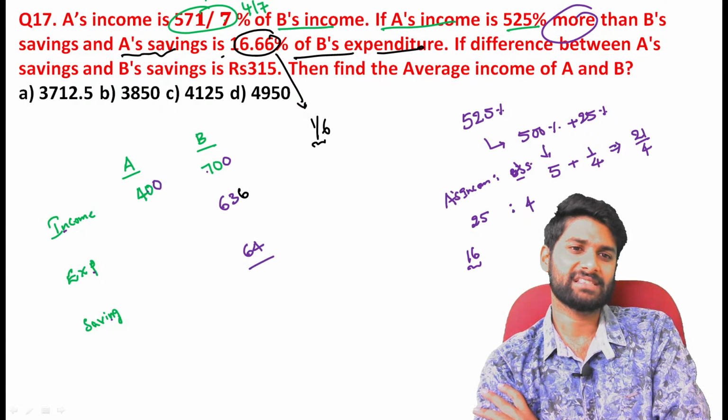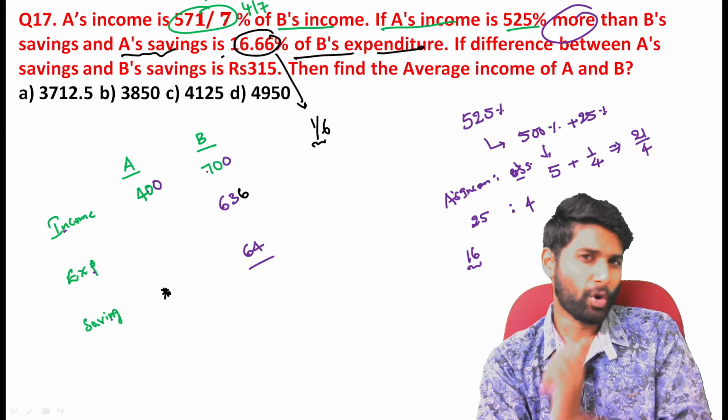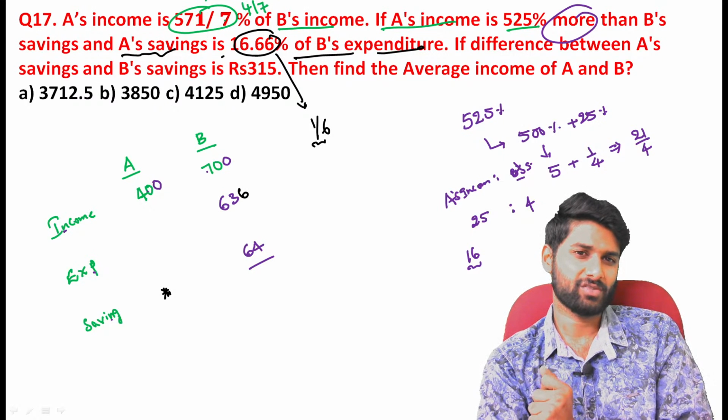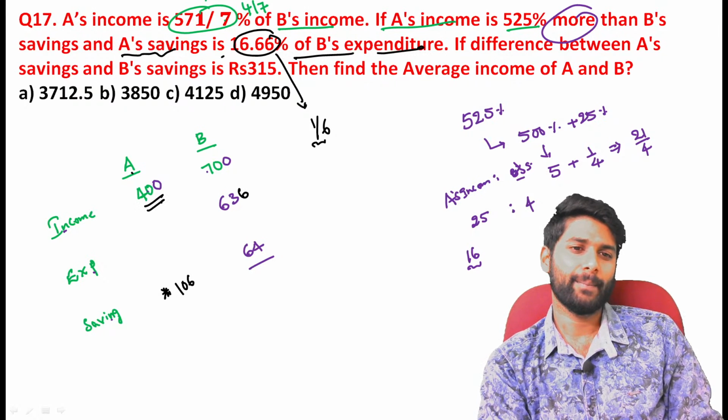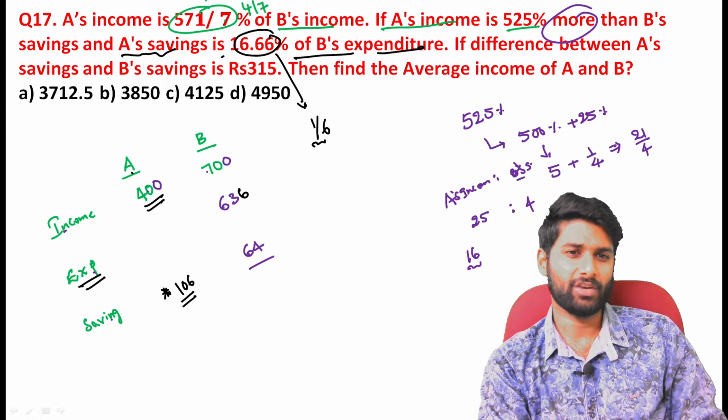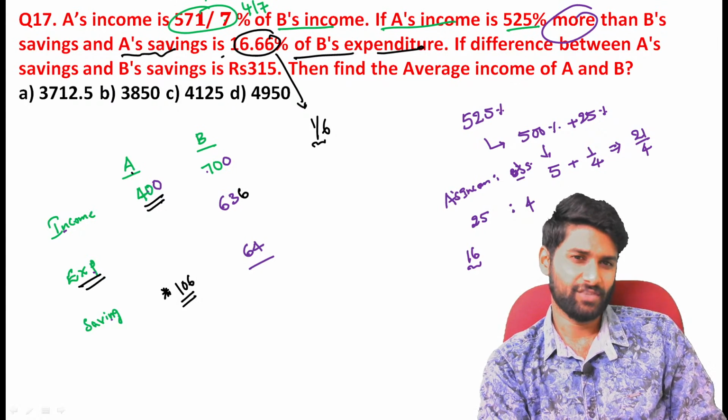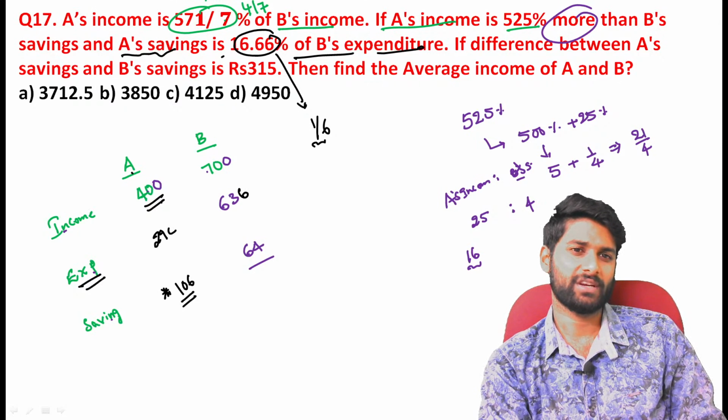A's savings is exactly equal to 16.66% of B's expenditure. Now see, here 6 1 is 6, 6 1 6. Now A's income is 400. A's savings is 106. Now the expenditure of A is exactly equal to 294. Or you can get 294.